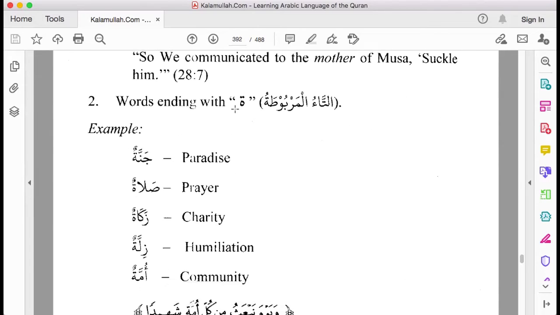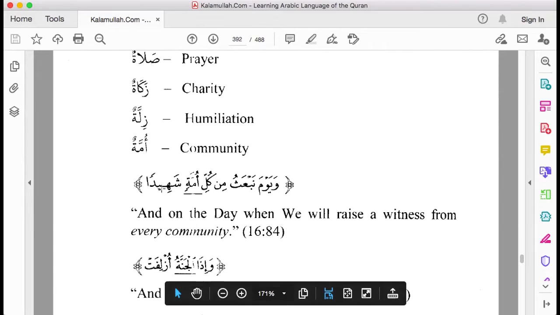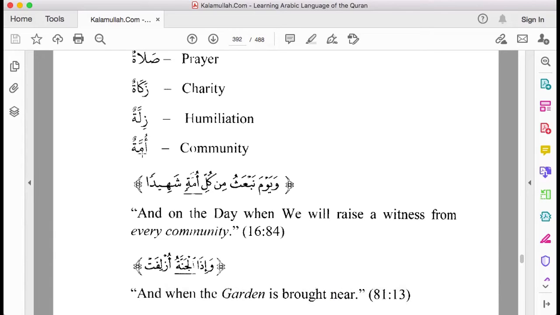So now these are words we talked about that are always feminine, because they end with ta marbuta. You're not going to remove the ta to make it a masculine word. Jannatun, salatun, zakatun. If you remove the ta, you're not going to make this a masculine word. These are all feminine words. Ummatun is a very commonly used word in the Quran, meaning community, nation.